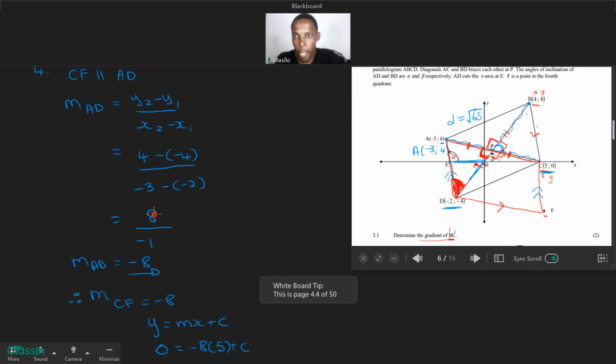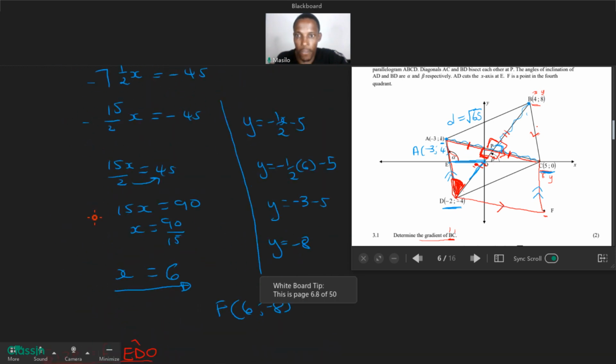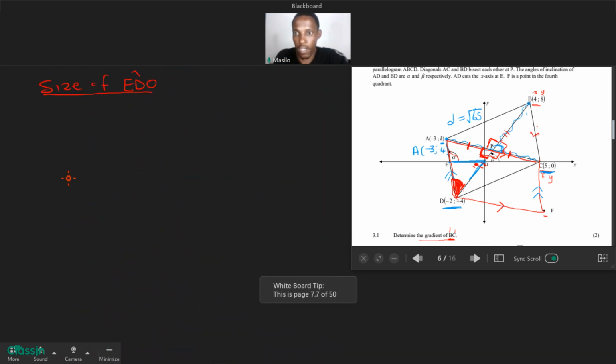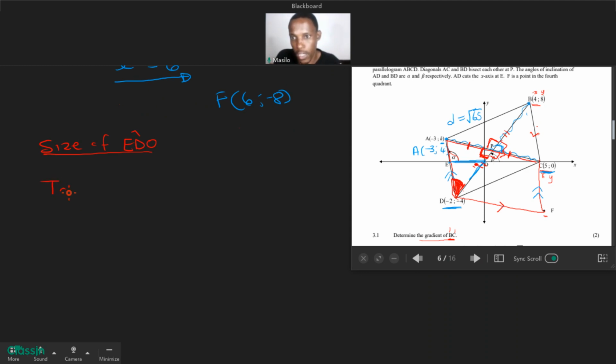Somewhere here, AD is negative 8 also, because the two lines are parallel. So we know the gradient of this. It means that tan of alpha is equals to the gradient of AD, which is negative 8.